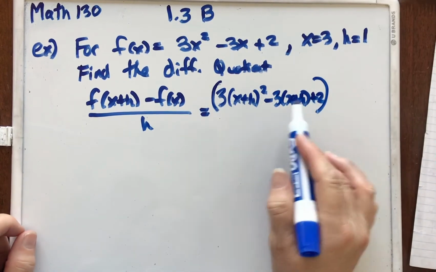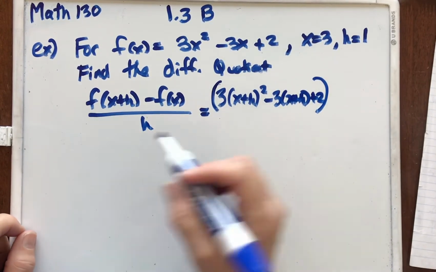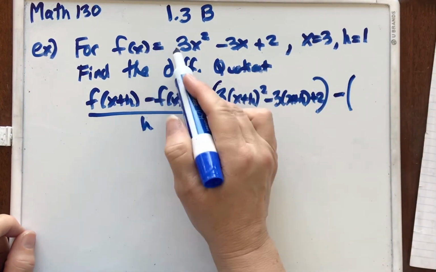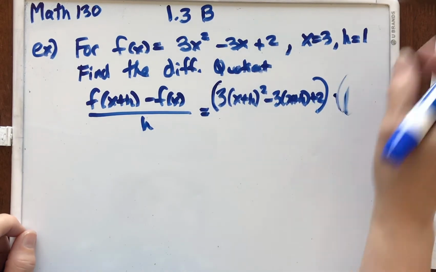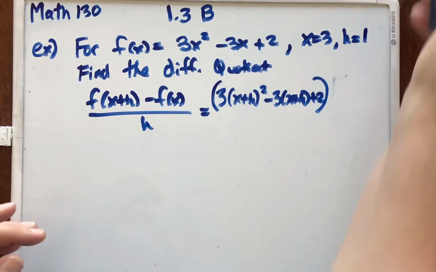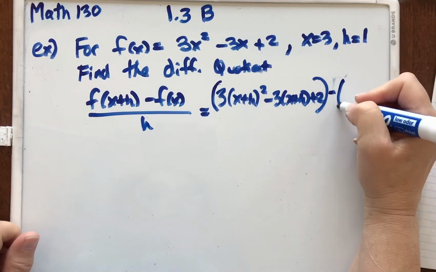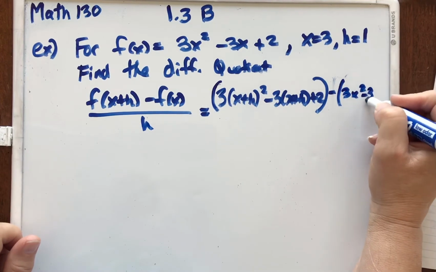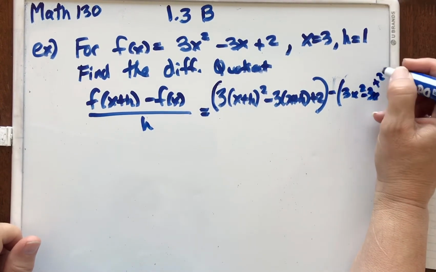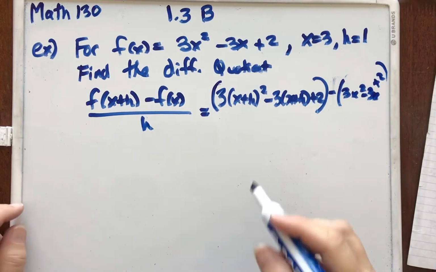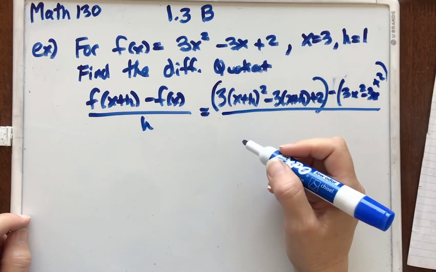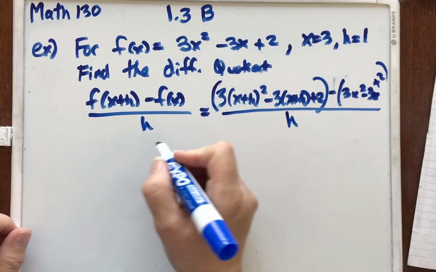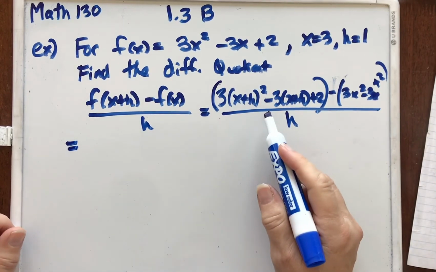All of that is this front piece minus f of x. So again, we're going to put parentheses and write all of f of x in there. Minus f of x, that's 3x squared minus 3x plus 2, all over h, and we're just going to keep it h because we're not putting in our values yet.